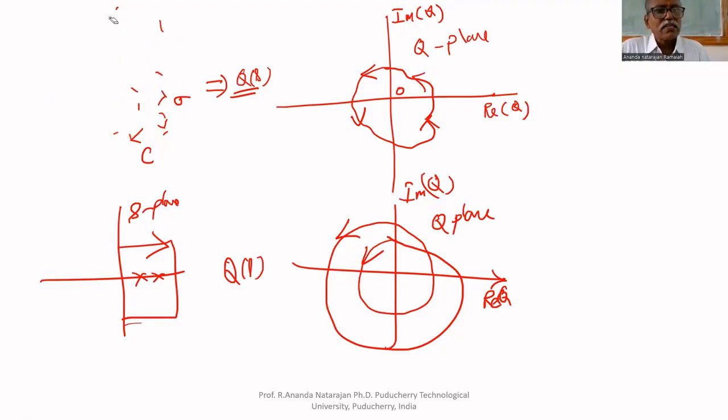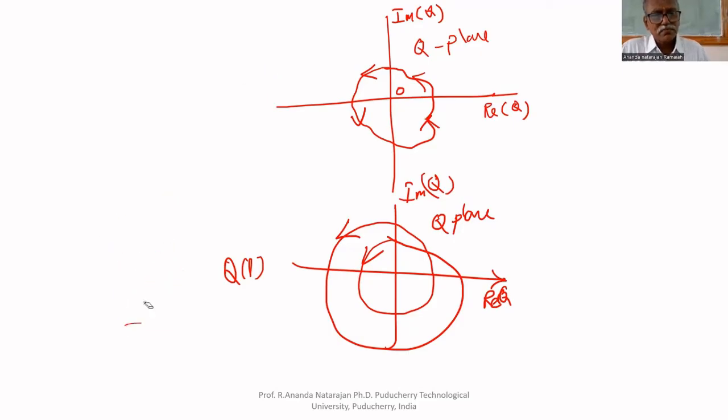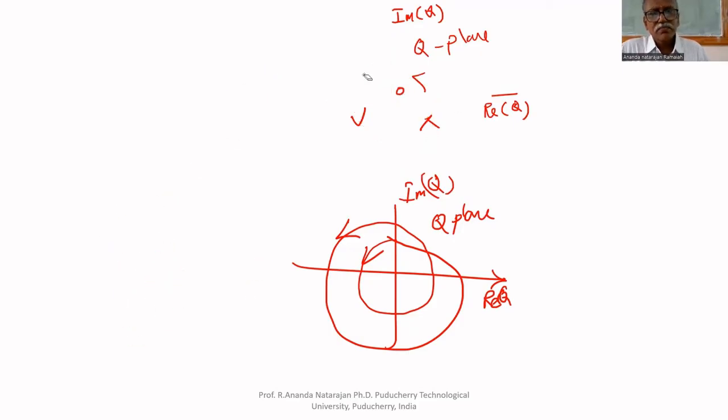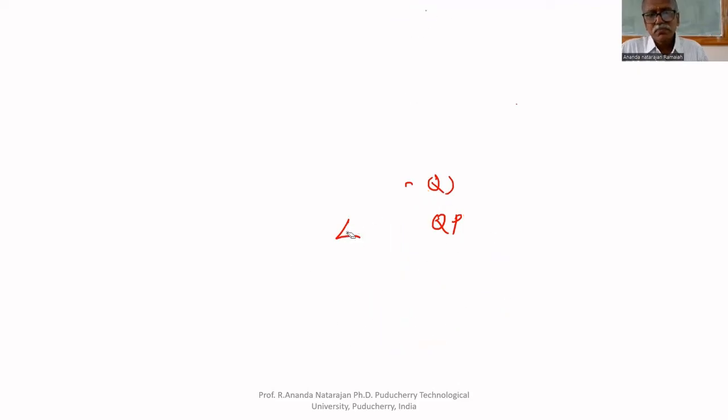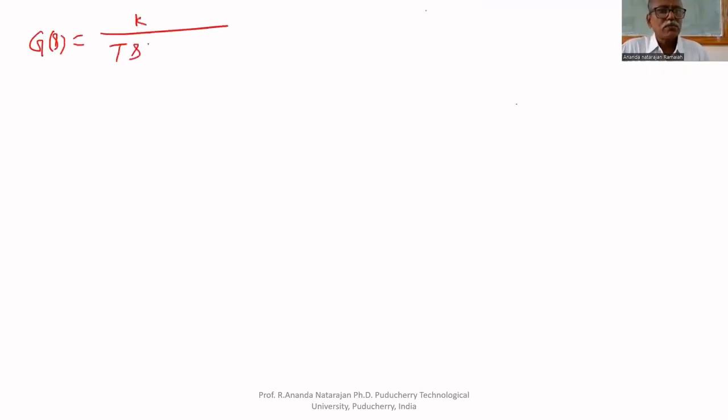For that, let us take one system. To understand this, let us take a simple first order system: G of S equal to K upon tau S plus 1.